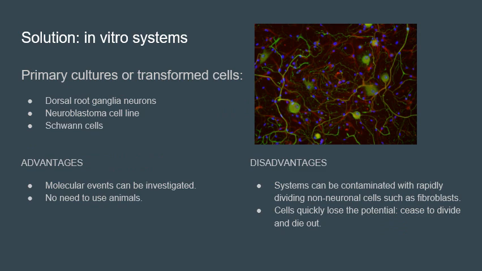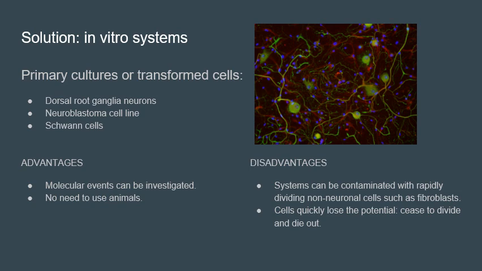In vitro systems may be the solution to the ethical issues surrounding in vivo models. They involve growing primary cultures of cells from mammalian embryos, then adding drugs and measuring response. This means there is no need to use animals in the earlier stages of drug development, while still investigating molecular events.